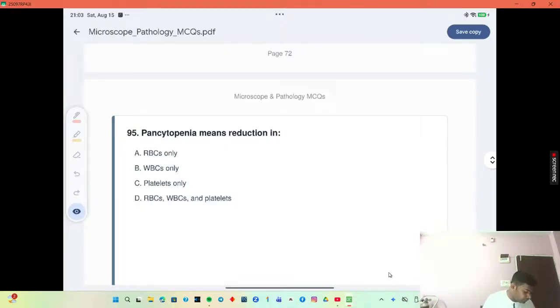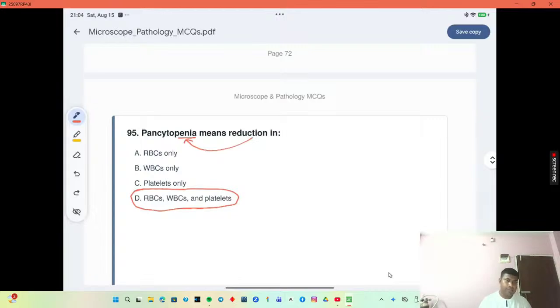Now here the question is given as, pancytopenia means reduction in what? Pancytopenia means reduction in red blood cells, white blood cells, and platelets.